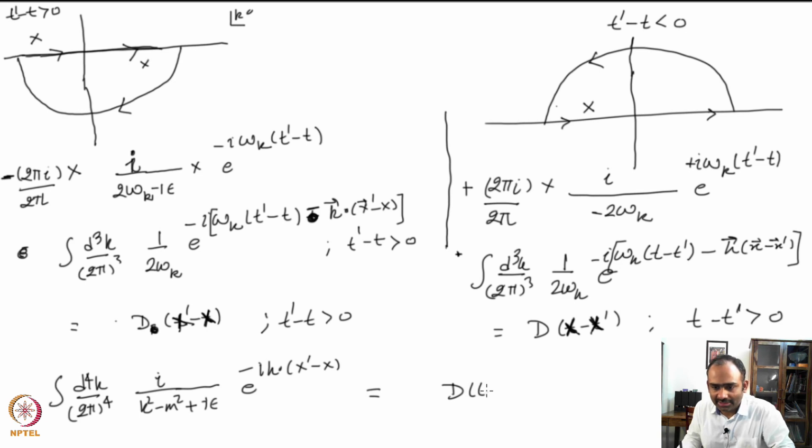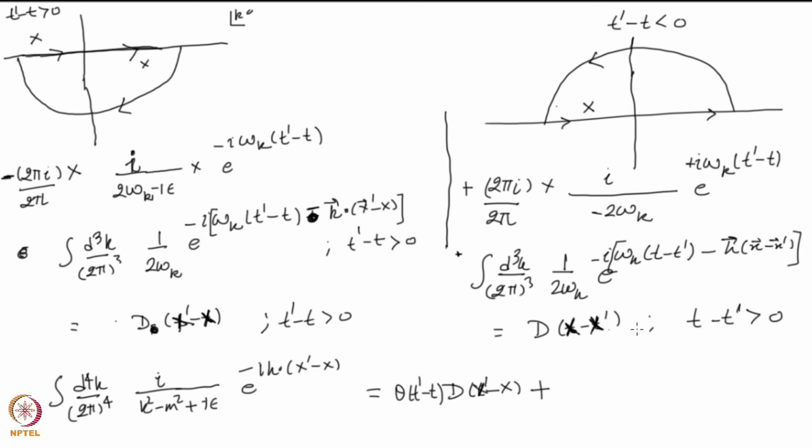This is D of x prime minus x, but only when t prime is greater than t, which means I put a theta of t prime minus t, and plus if t prime is less than t, then this one should be the result. So, I can ensure that by putting theta of t minus t prime D of x minus x prime.